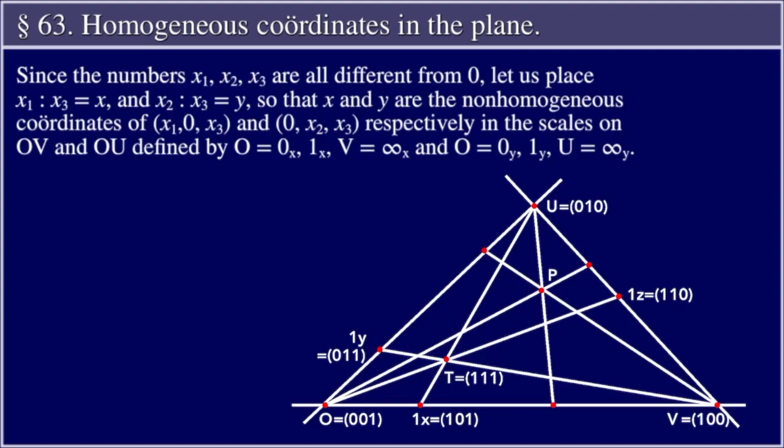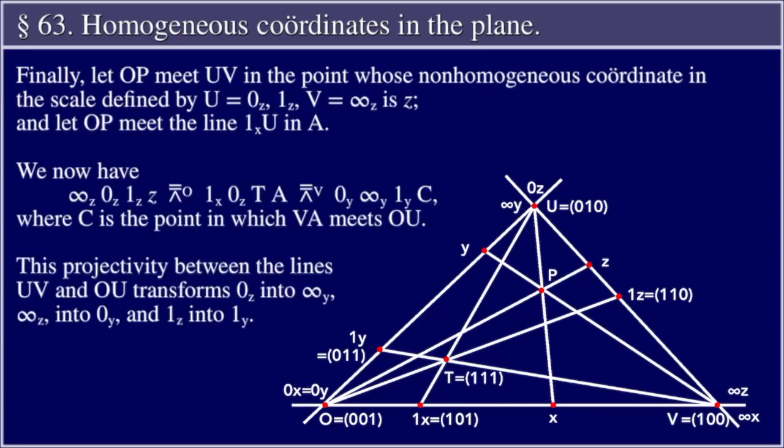let us place the ratio x1 to x3 equal to x and x2 to x3 equal to y, so that x and y are the non-homogeneous coordinates of x1, 0, x3 and 0, x2, x3, respectively, in the scales on OV and OU, defined by O equal 0_x, 1_x, V equal to infinity_x, and O equal 0_y, 1_y, U equal infinity_y.